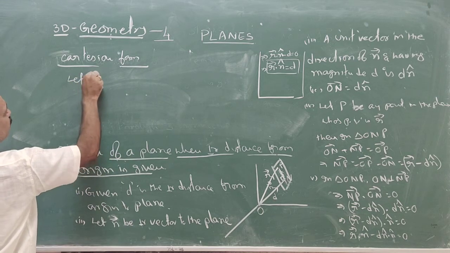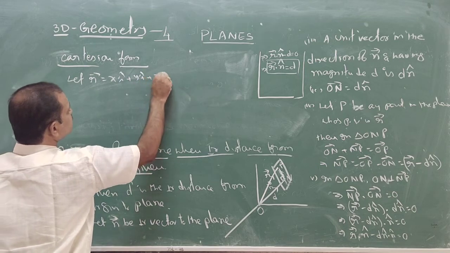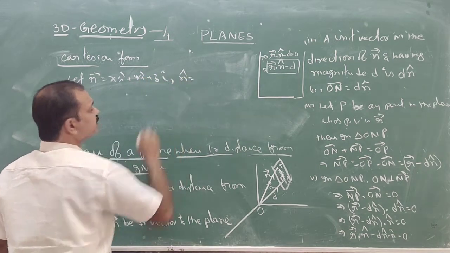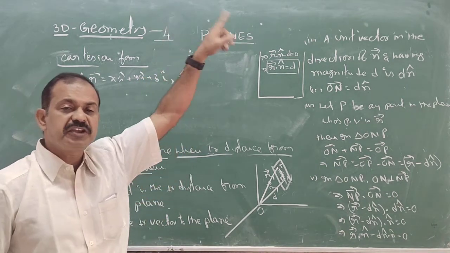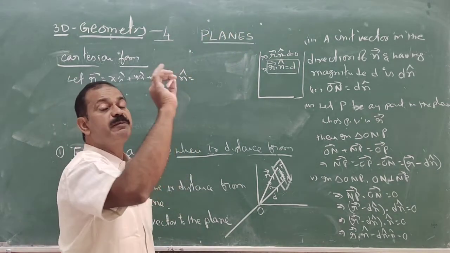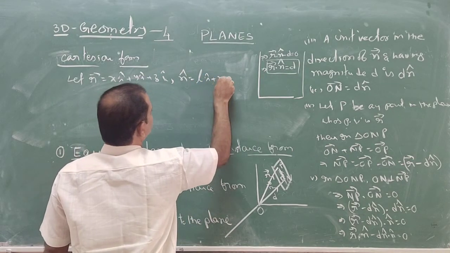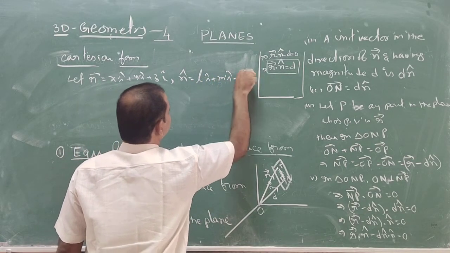Let r is equal to xi plus yj plus zk and n cap is a unit vector. N cap means it is a unit vector which will be having only direction cosines. This is li plus mj plus nk.